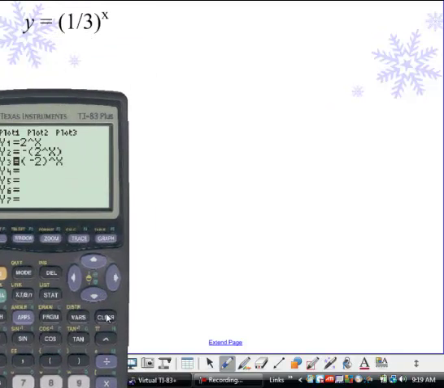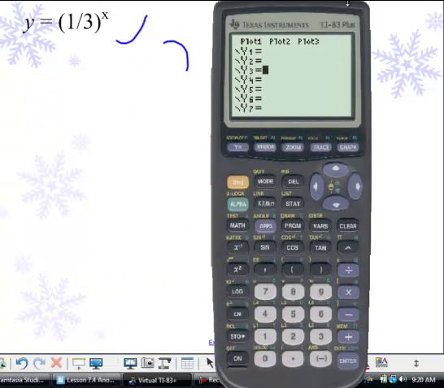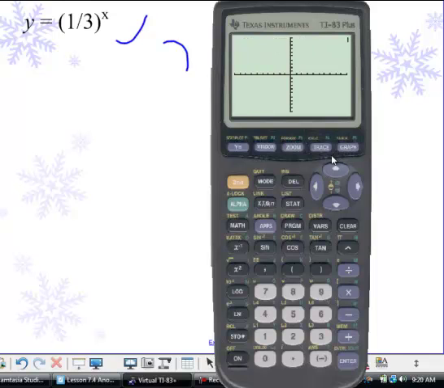Okay, take a guess. Do we think this is an exponential growth or an exponential decay? Well, one way to find out. Pop it into your calculator. 1 divided by 3 to the x and graph.